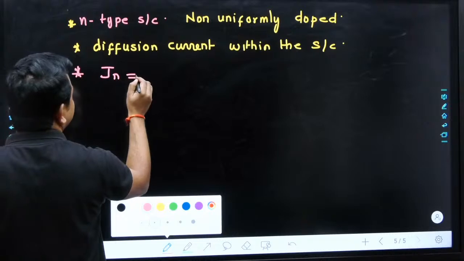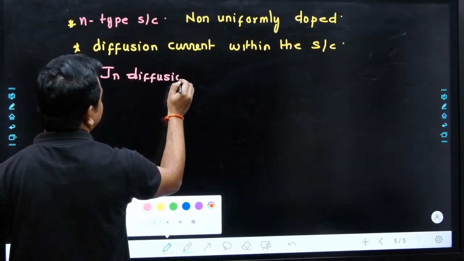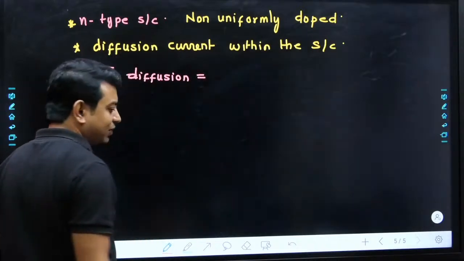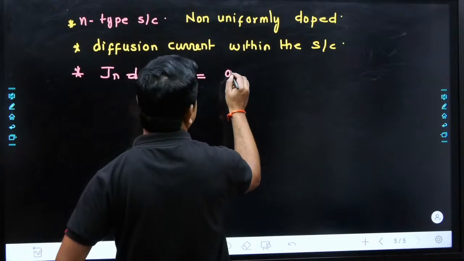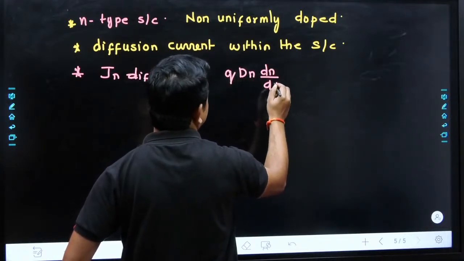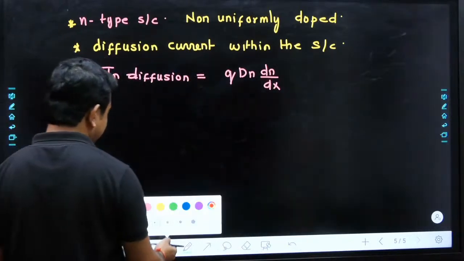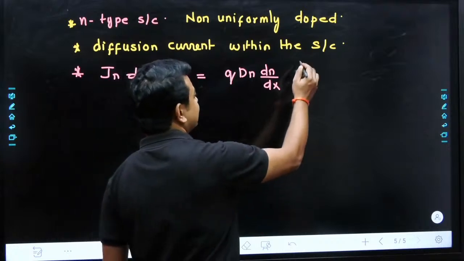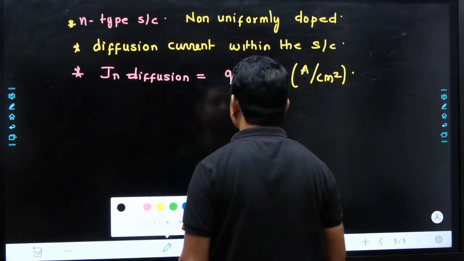What is the equation? If you are talking about Jn, this is Jn diffusion. I am writing the full thing because we are having another current that is known as drift current. So, Jn diffusion is given by q Dn dn by dx, without putting any extra sign in this equation. The unit is ampere per centimeter square because this is diffusion current density.